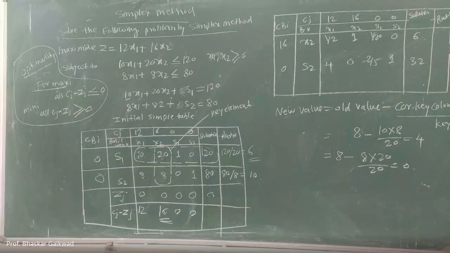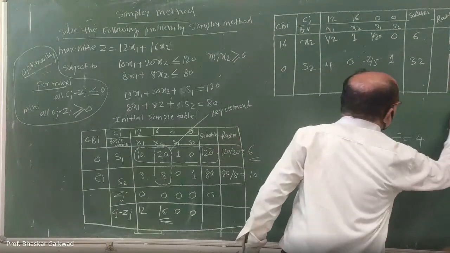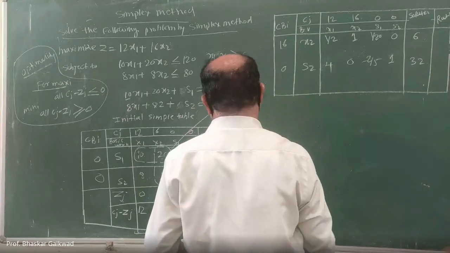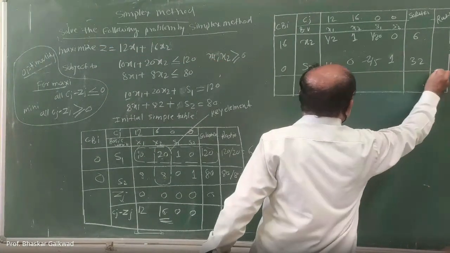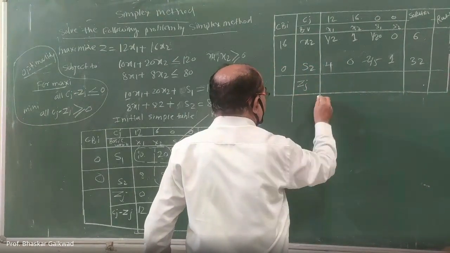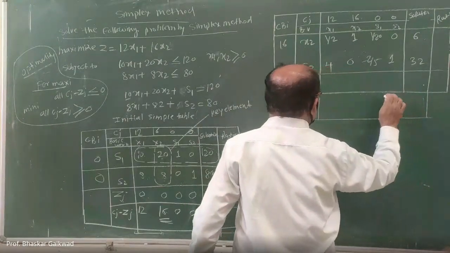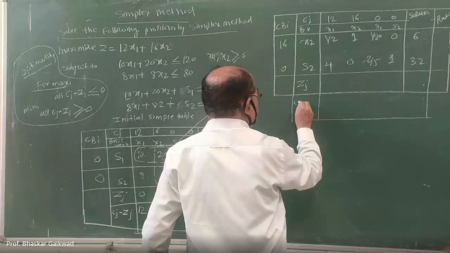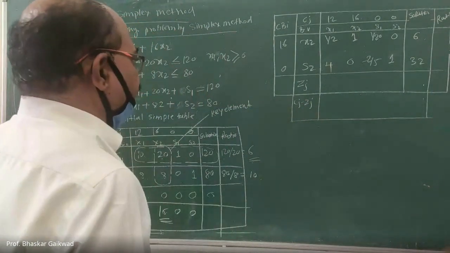So after this, as usual, you can find Zj and Cj minus Zj. Clear? So here, the Zj. Now, what is Zj?